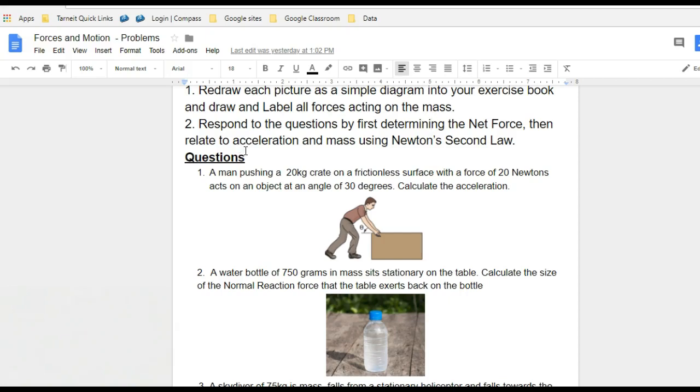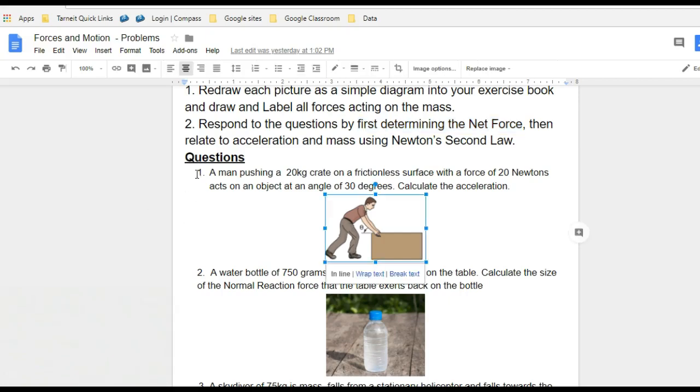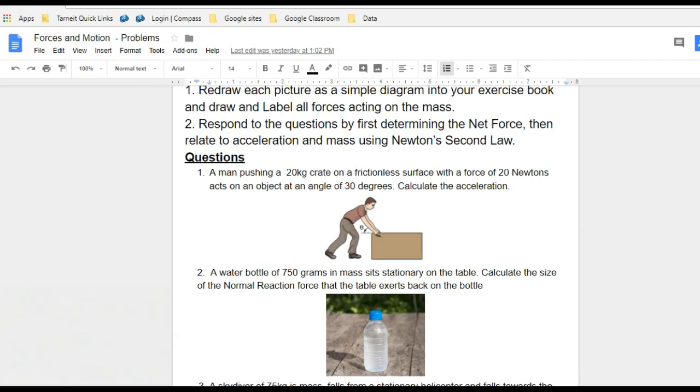Okay, once you've labelled all the forces acting on the mass, the next step is we're going to first determine the overall net force. Okay, and then we're going to relate that to the acceleration. So we want to be able to determine what will be the acceleration of an object experiencing such forces.